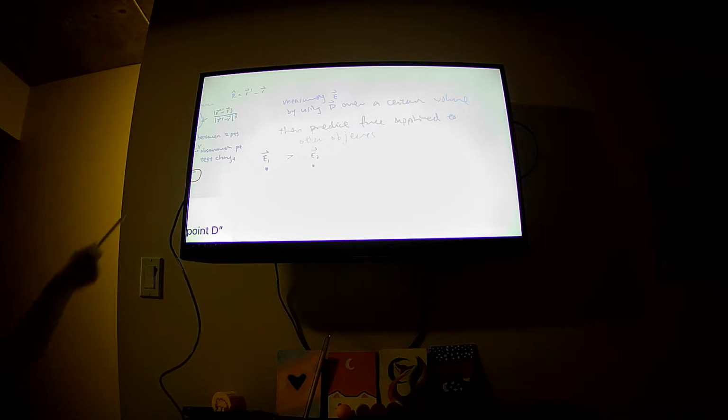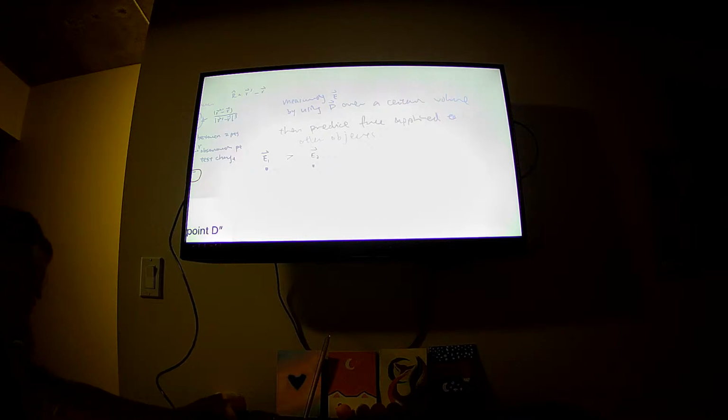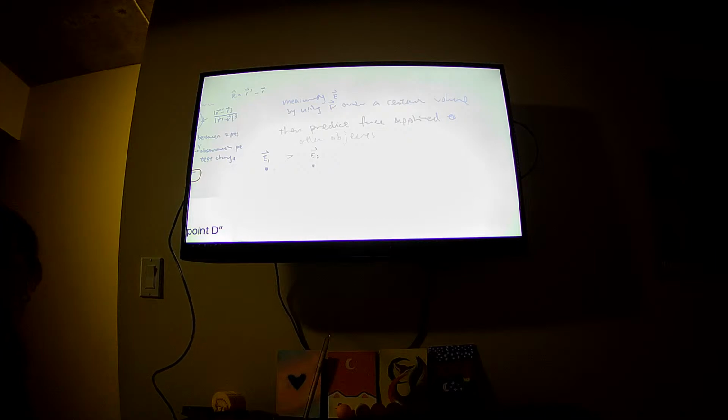You're going to the slightly higher one. The potential difference is the difference between the two points. So we're going to say this is point B, this is point A. So VBA is equal to VB minus VA.